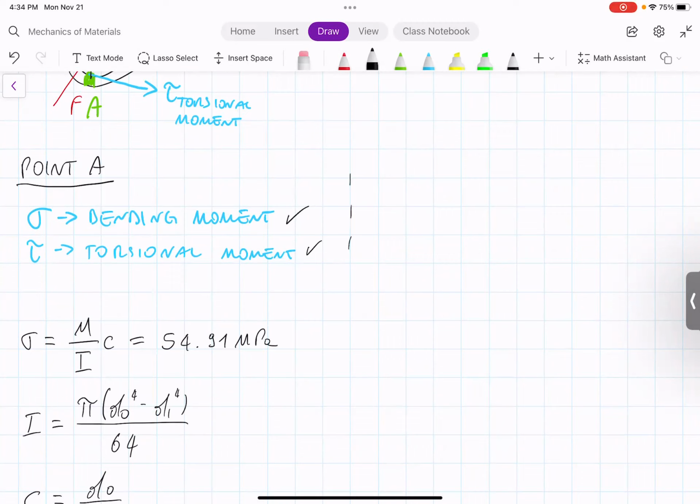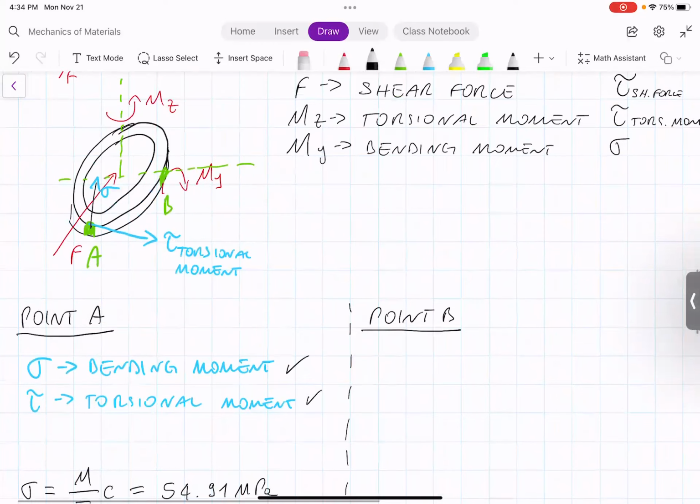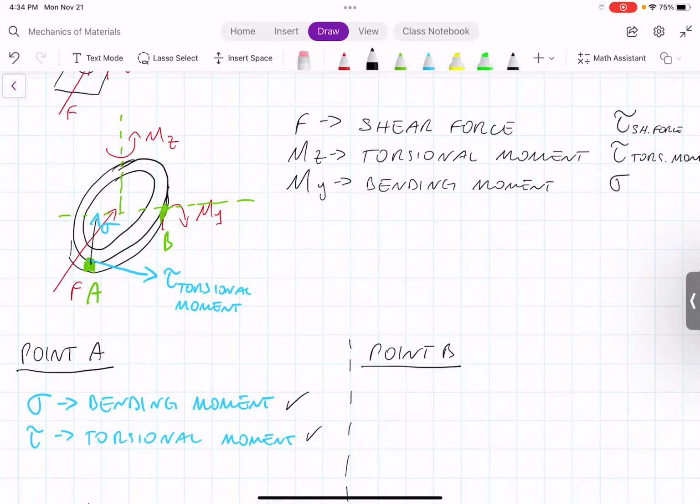We can now look at what happens at point B. So we have to look at the effect of these three loads on point B. For sure, we will have a certain shear stress due to the presence of the shear force, because in this case, point B is on the neutral axis of the cross section, and we know that the maximum stress is actually on the neutral axis.